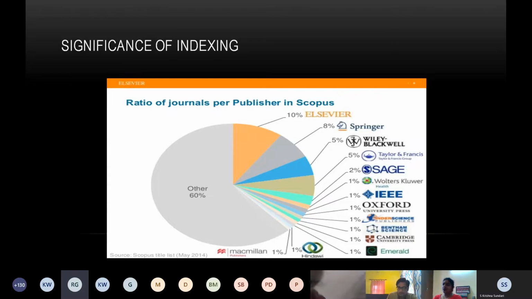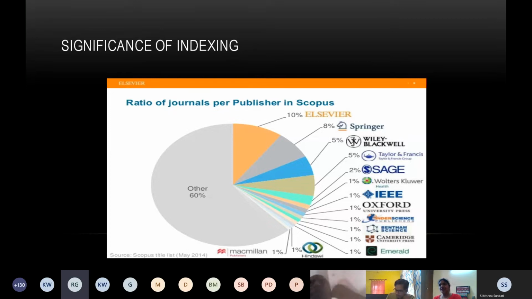This graphic shows you the ratio of different publishers who have got their journals indexed by Scopus, which is a very respected indexing platform.